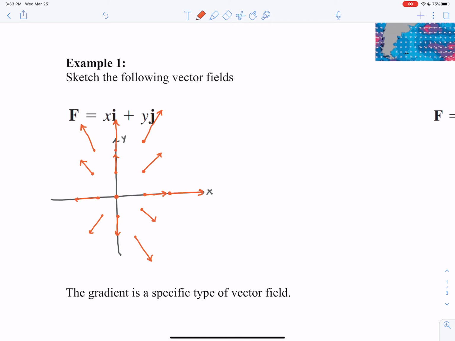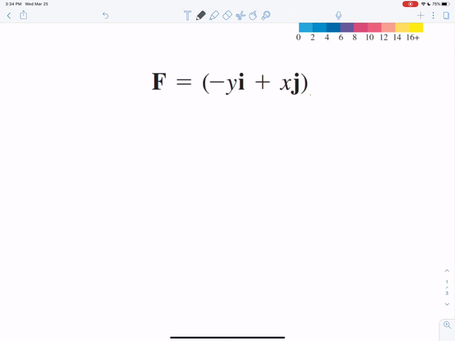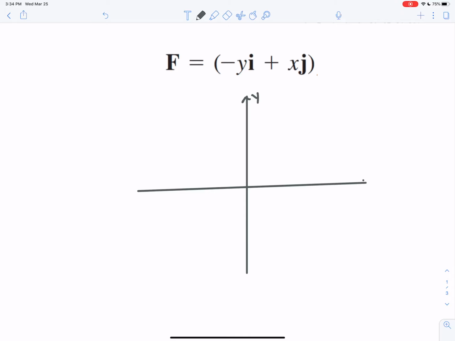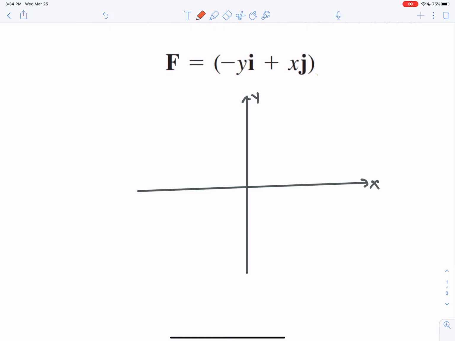Let's try this vector field. So number 2, let's put down some axes again. And we'll start with the origin point again. So 0, 0 also gives us the 0 vector in this case.